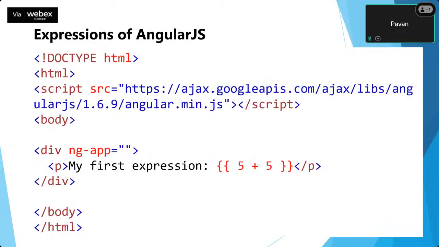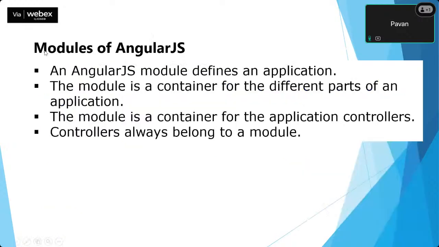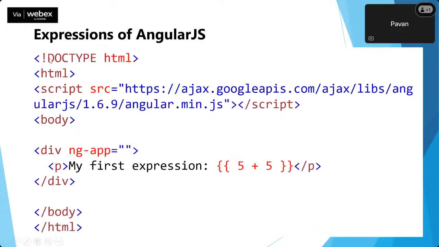So this is just an example of what I said previously. Here, on the first line, this is just the basic structure of HTML. In that, we are enabling AngularJS using the script tag, in which we have given the URL of AngularJS.